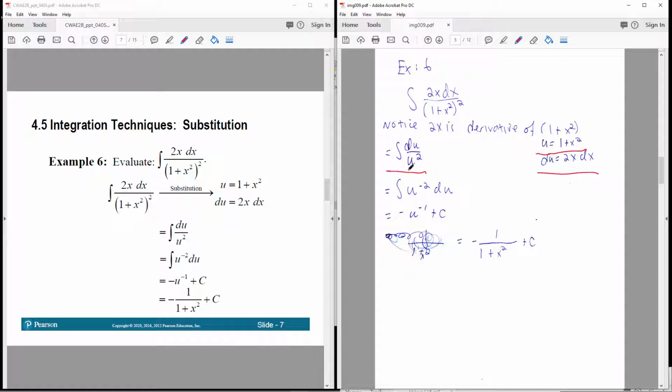I can rewrite that in terms of a power function, u to the negative 2 du. Then I can integrate it, and I end up with a negative u to the minus 1. My final answer there, that u belongs on the bottom, so I have a negative 1 over 1 plus x squared plus c.